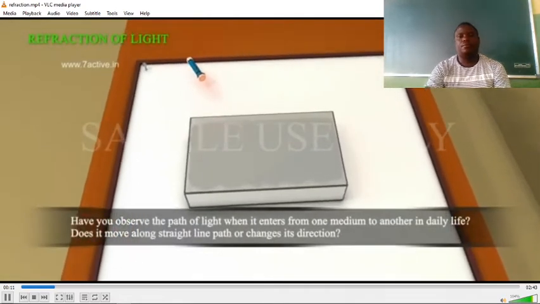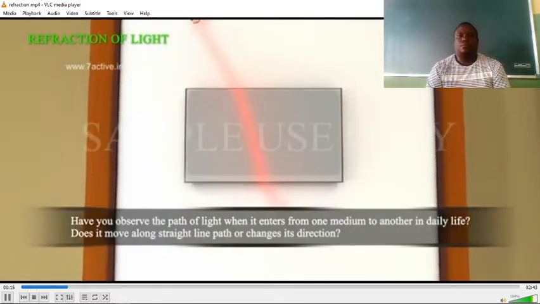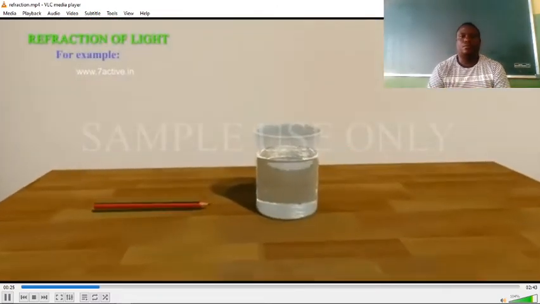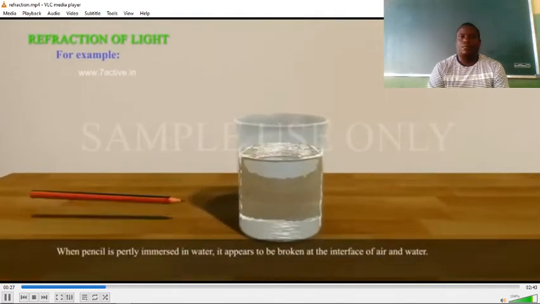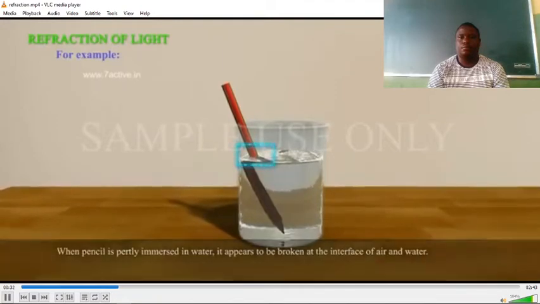Have you observed the path of light when it enters from one medium to another in daily life? Does it move along a straight line path or change its direction? Let us observe some of our day-to-day experiences. For example, a pencil partly immersed in water appears to be broken at the interface of air and water.